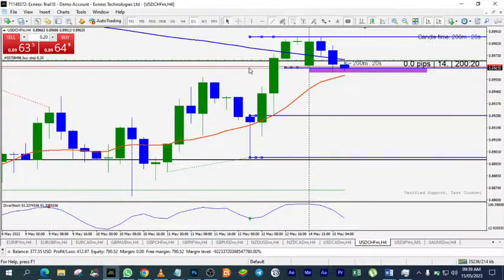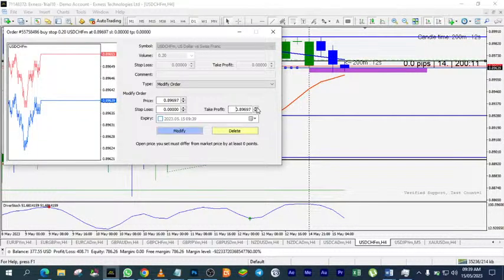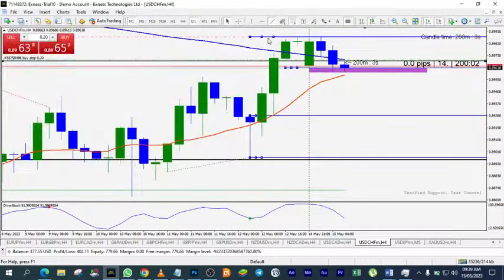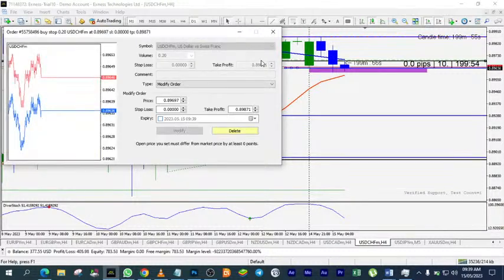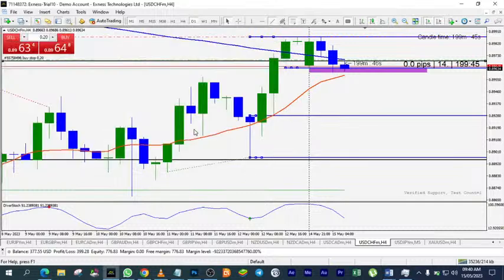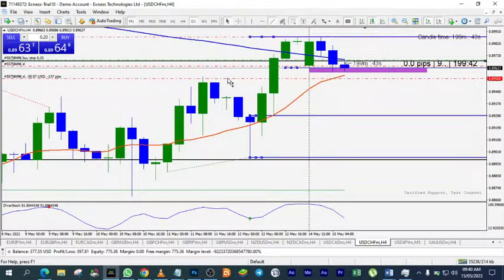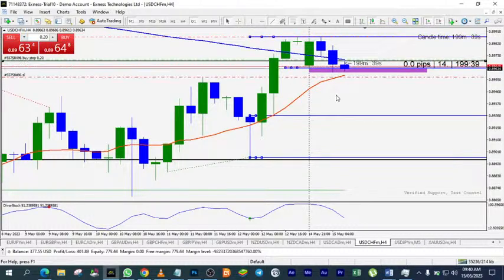Yes, at this point here, and then my first take profit will be at this level here, and then my stop loss will just be below these 2 points there.